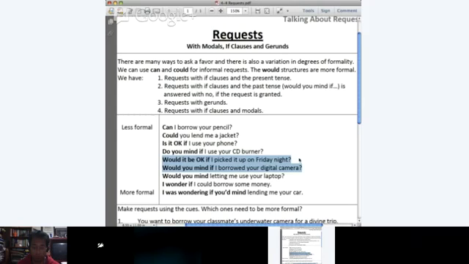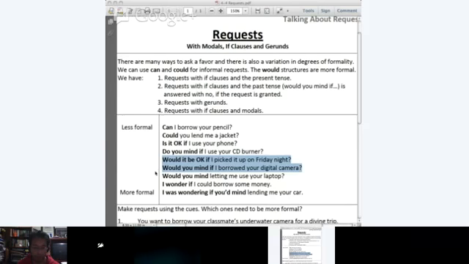So the answer to the first one is yes, and the answer to the second one is no. That's because if you say, do you mind, and the person says no, then it means, no, I don't mind. It doesn't bother me. It's okay. So these are similar degrees of politeness, but they ask for different answers. The first one asks for yes, and the second one asks for no.